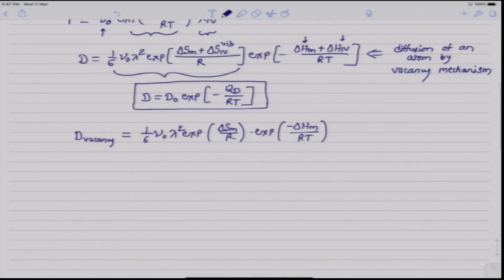Similarly, for an interstitial diffusion, the jumps of an interstitial will represent true random walk, because even in case of interstitial, the equilibrium concentration of interstitials is typically very low, and so the probability that there would be an interstitial in the nearest neighbor interstitial site of an existing interstitial will be very low.